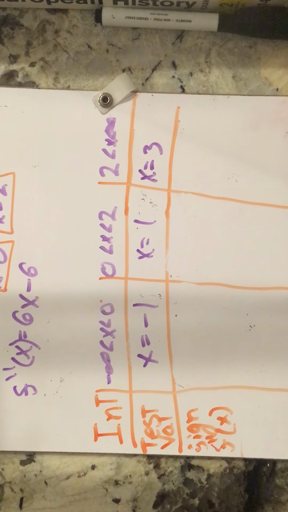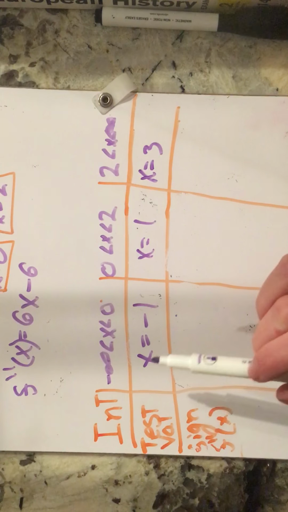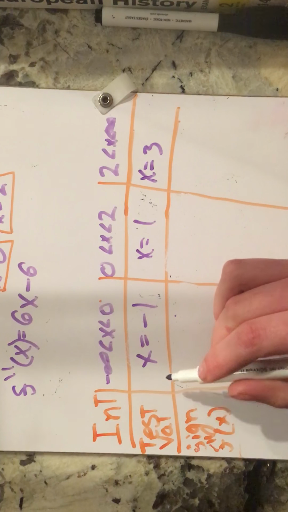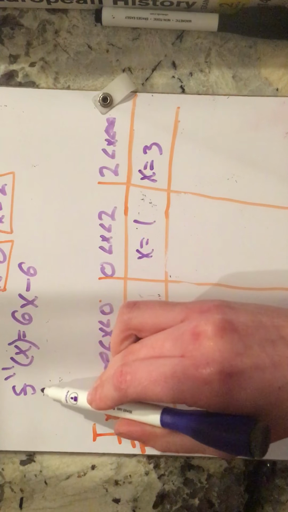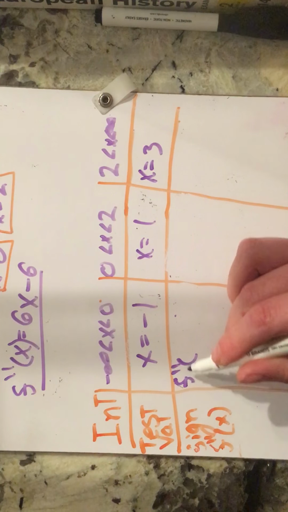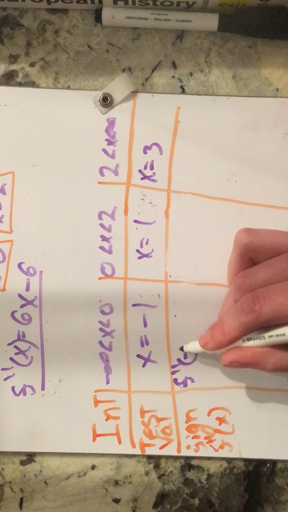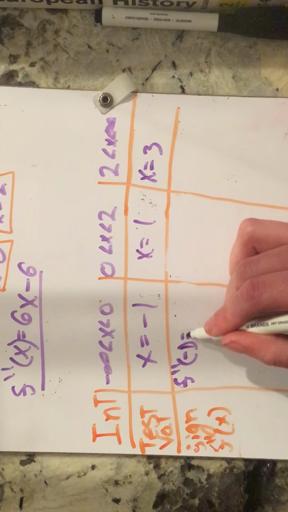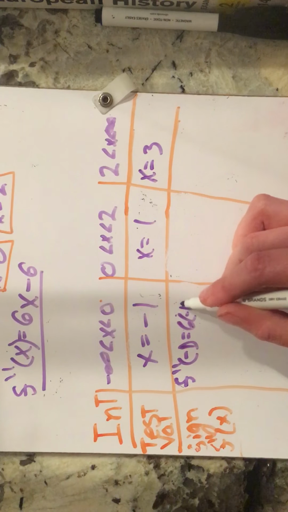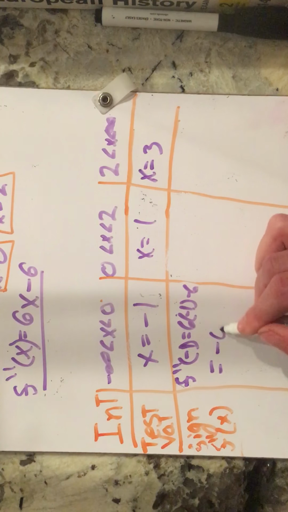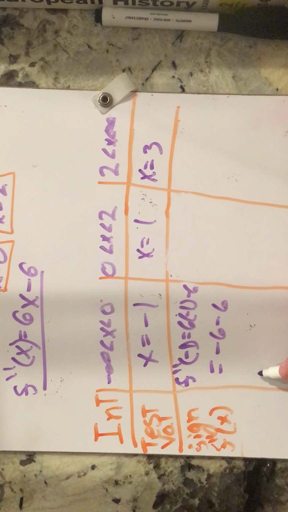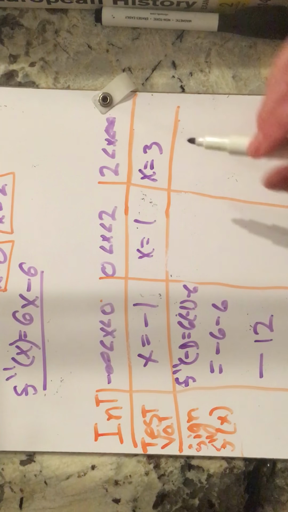So for most of these you really don't have to do work, but I'll just show you a little bit. Plugging our test value into our second derivative equation, f double prime of -1 is 6 times -1 minus 6, which is -6 minus 6. We know that's going to be negative, and that's actually -12.